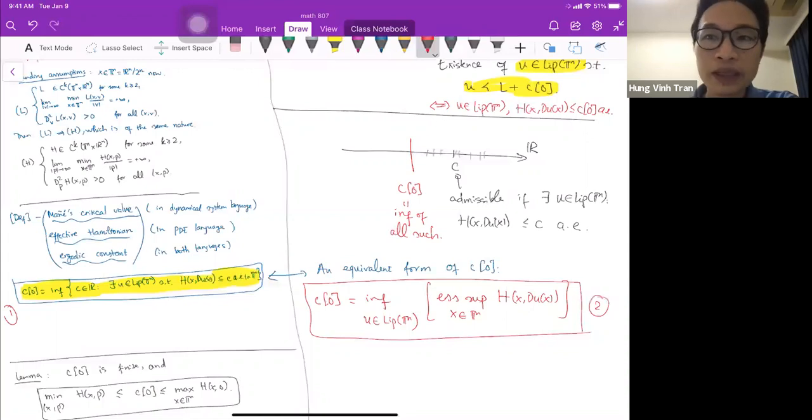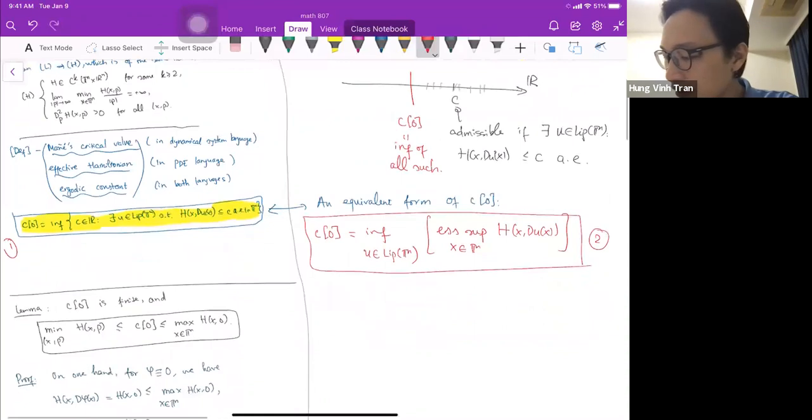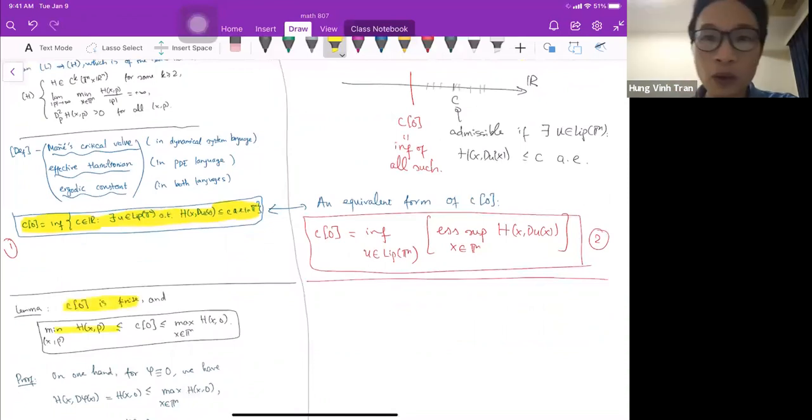So now we're going to prove a simple result. I mentioned it last time, but today is a bit more precise. We're going to prove this first lemma, that C naught is finite, so it's well defined. It's not vague, meaning that it's not minus infinity, and we have a nice bound.